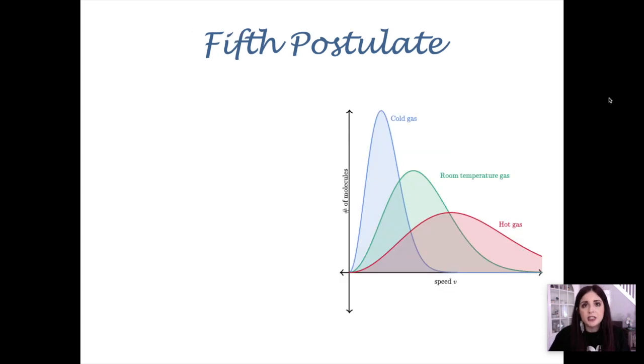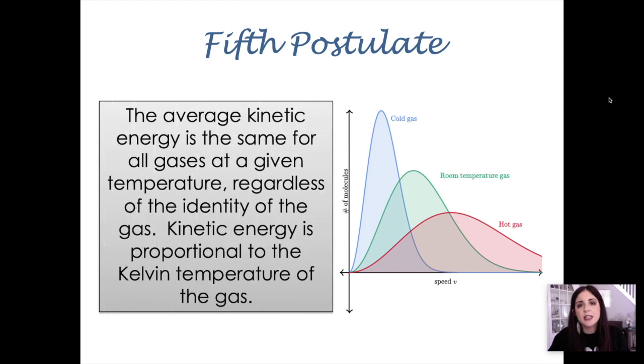This last postulate is the one that we're going to get a little bit more in depth with, not today, but I have an activity for us to do. The fifth postulate says that the average kinetic energy is the same for all gases at a given temperature, regardless of the identity of the gas. So we're starting to bring molar mass into this a little bit.